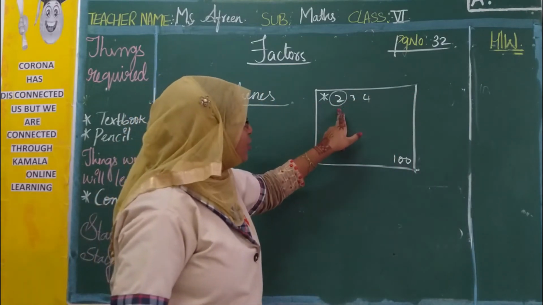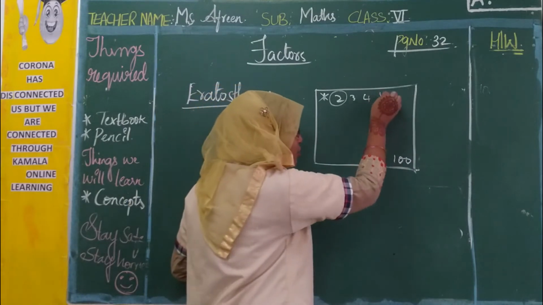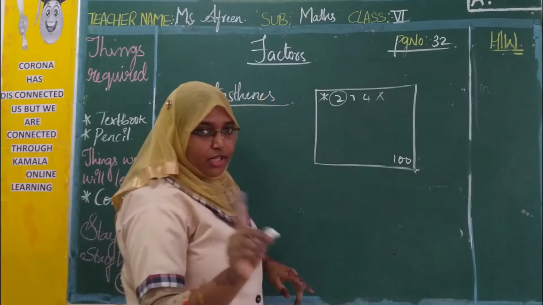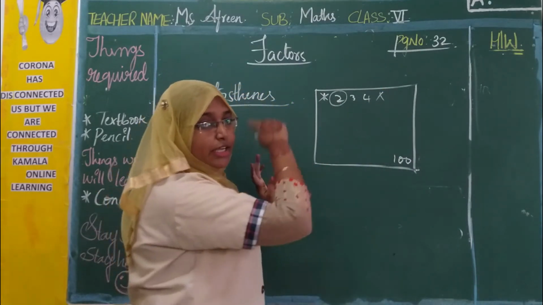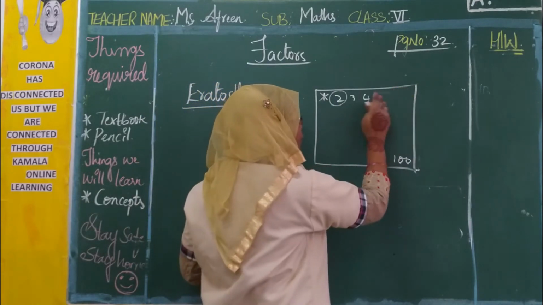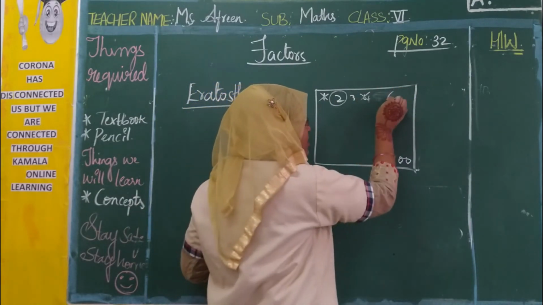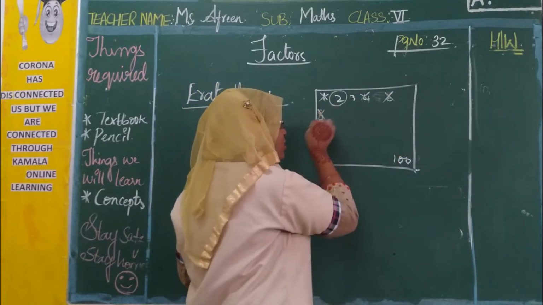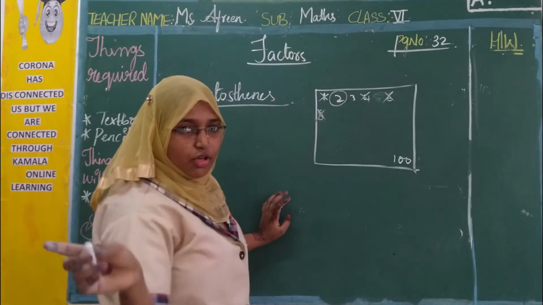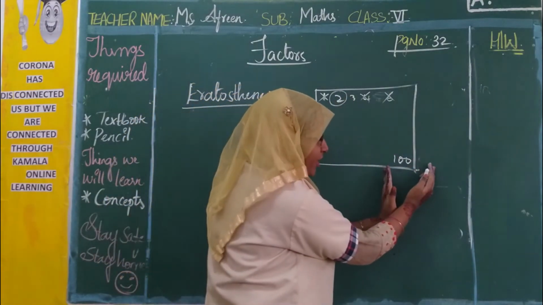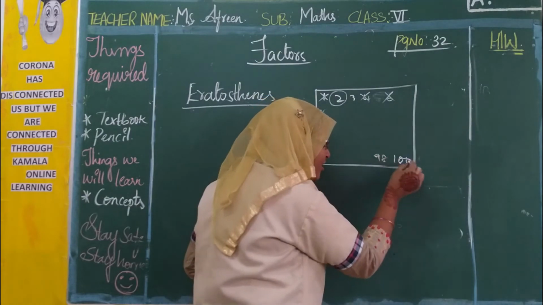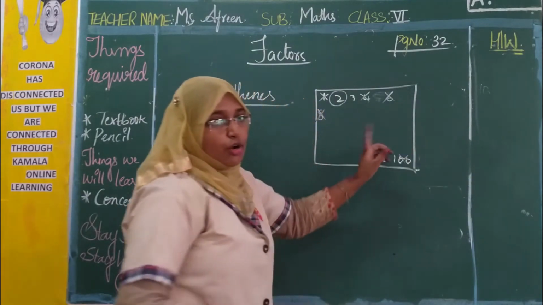You are starting with the 2 table, so you are circling 2. The multiples of 2 you are going to cross out, like 4, 6, 8. Those numbers you will cross off. As you come to 100, 98 and 100 will also be crossed out.